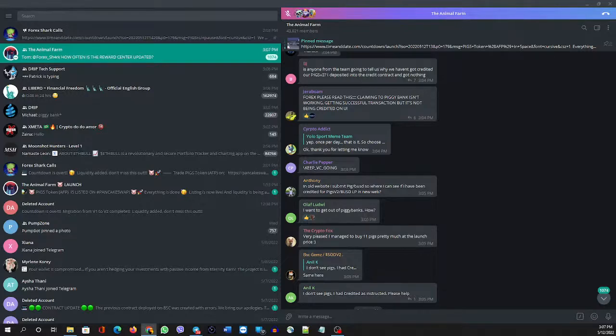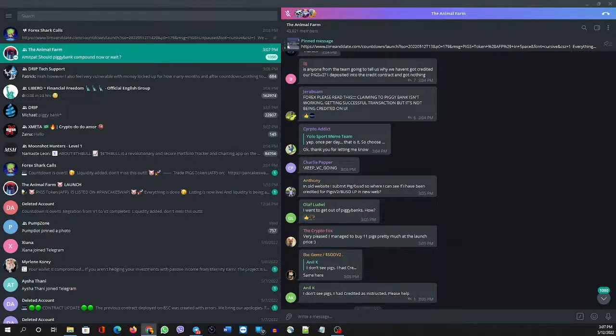Cool. Yeah, so maybe talking about new pigs that they bought, putting new pigs that you buy from PancakeSwap into the pig pen. Just so you guys know, this is one of the things I was just referring to. It's a gas limit issue.